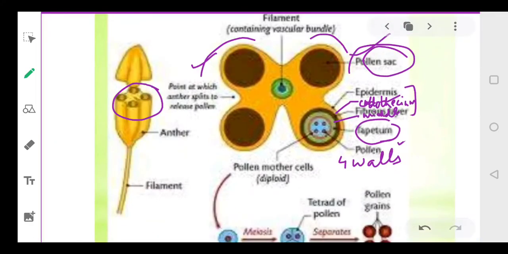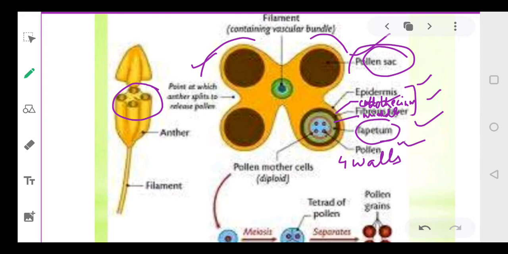So your microsporangium is surrounded by 4 layers: epidermis, endothecium, middle layer, and then the fourth is tapetum. Outermost 3 layers provide protection, and they keep the anther moist so that it can easily release the pollen. The innermost layer, tapetum, provides nourishment to the growing pollen grains present inside it.